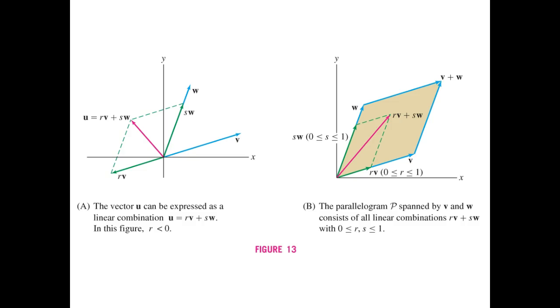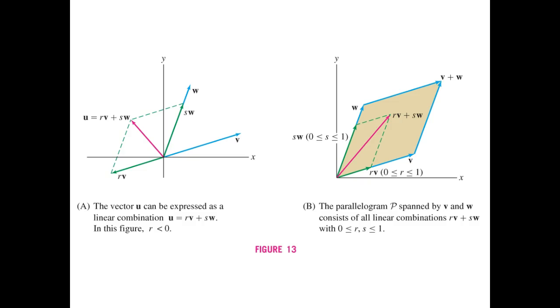The linear combinations for all RV plus SW for R's and S's, both between 0 and 1, that's what this is saying, is going to be this thing in here, inside that parallelogram. See, if you let R or S be greater than 1, then you would be spanning some space bigger than this, okay? So here's a new definition, the spanning, okay?